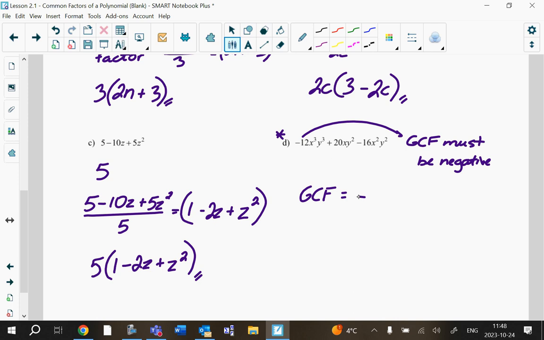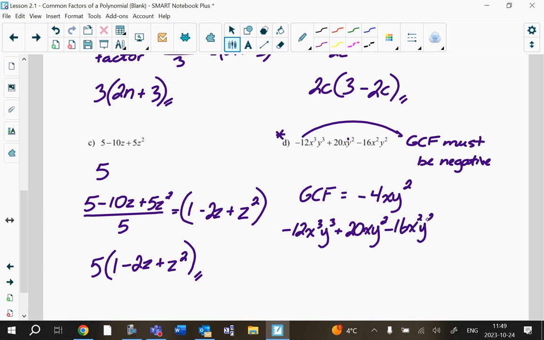What do we got? 4. Remember, this x here is the same as x to the first. I can take an x out at maximum. Y squared. Good. Second factor is found by doing negative 12x to the third y to the third plus 20xy squared minus 16x squared y squared.